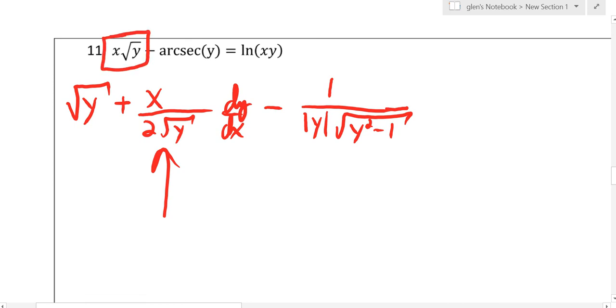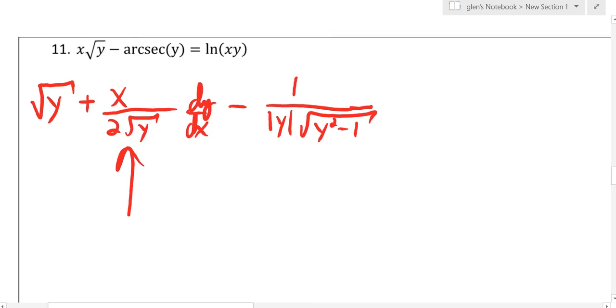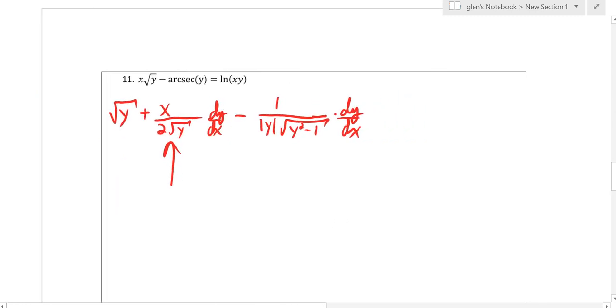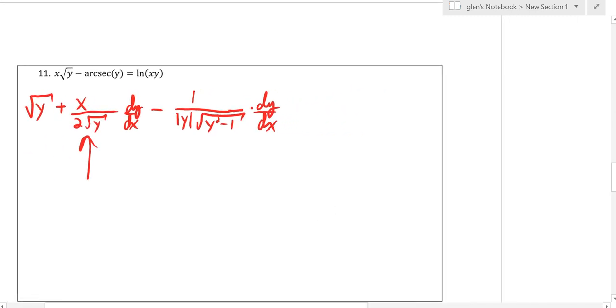And the derivative of any square root is 1 over 2 root that thing. Okay? So, we derived the arcsecant, but we didn't derive what's inside. So at the end, we have to multiply by the derivative of y with respect to x. Is that okay? I'm going to zoom out a little so we can fit this all on one screen.